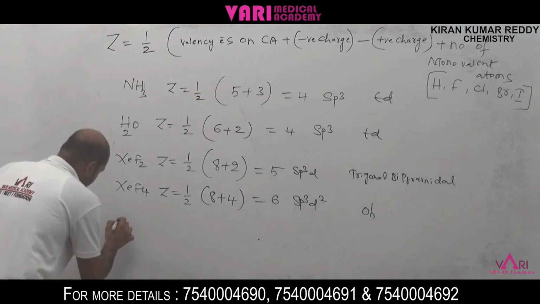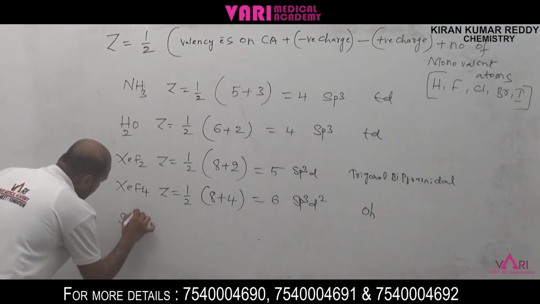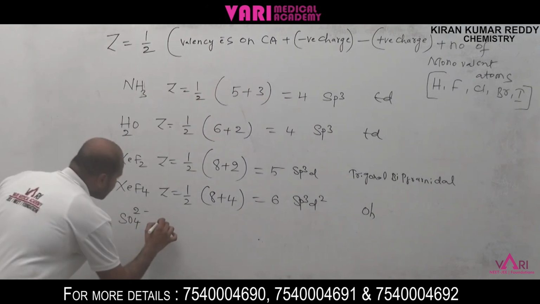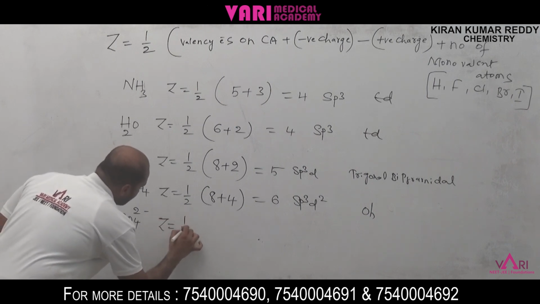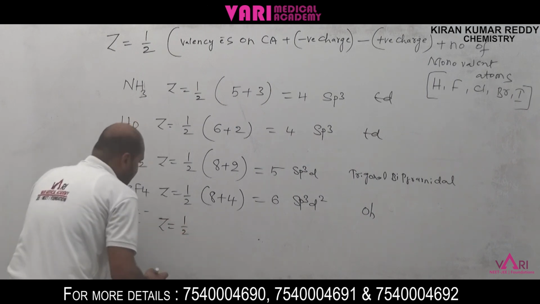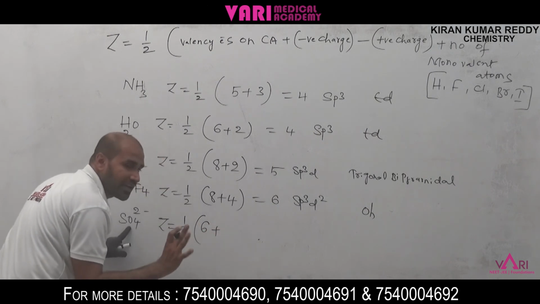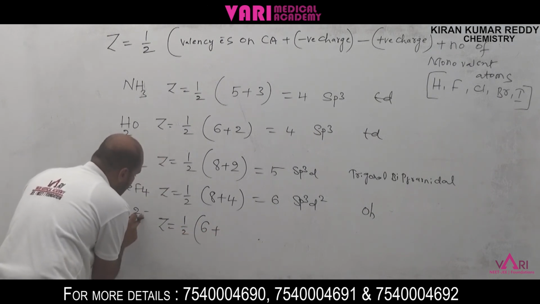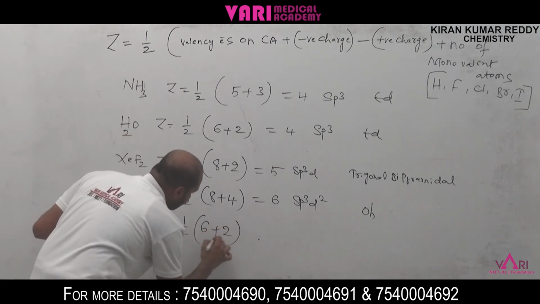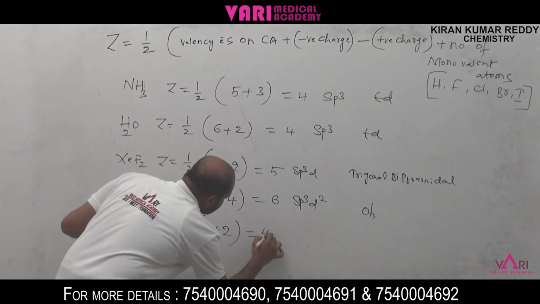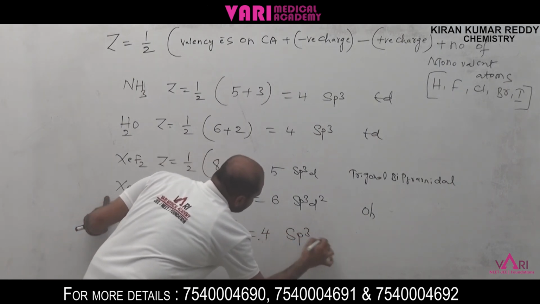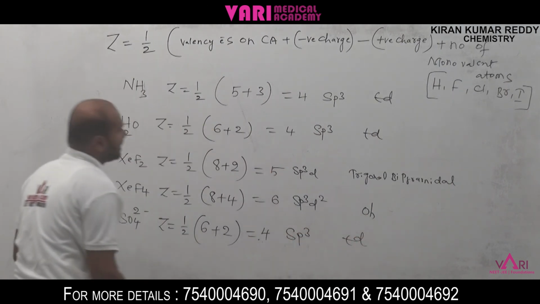Next one is SO4 2 minus. Here Z is equal to half of sulfur valency electrons 6 plus oxygen is not monovalent atom, that's why not taken, 2 minus means plus 2 added, that is equal to 8 by 2 means 4, sp3 tetrahedral geometry.